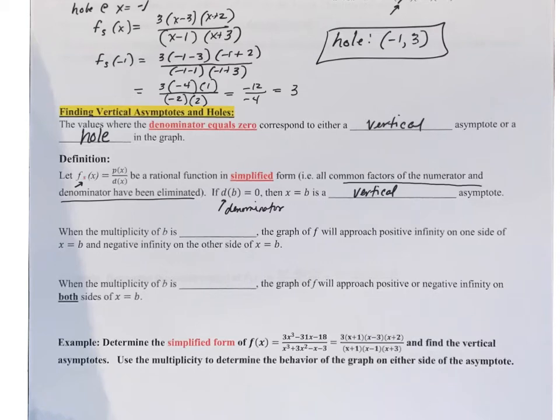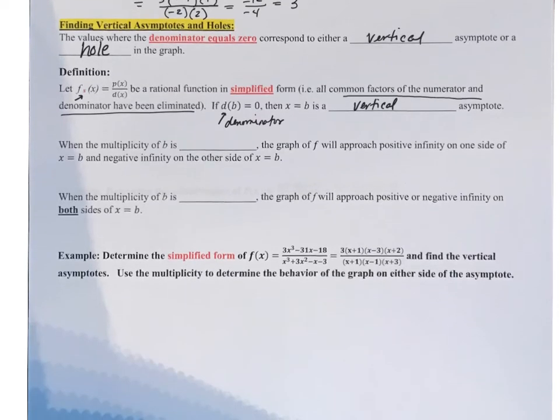Now, a couple of things play out here that are similar to what we've talked about before. When the multiplicity of b, whatever value makes the denominator go to 0, is odd, then the graph is going to approach positive infinity on one side of x equals b and negative infinity on the other side.